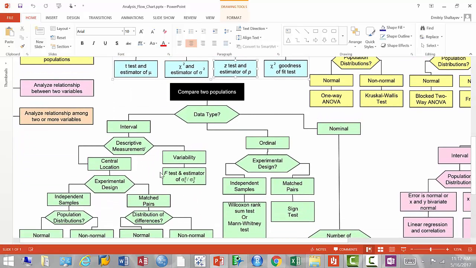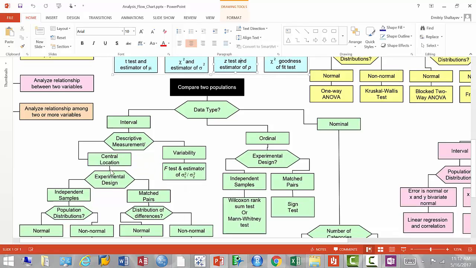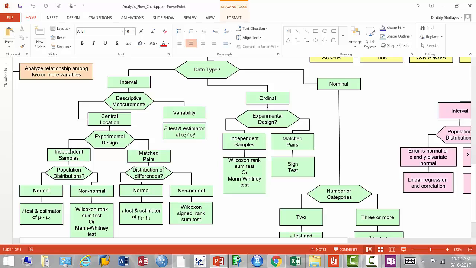We discussed that variability we're going to leave alone, right? Not even get there. So I'm obviously looking at the central location. If I'm talking about independent samples, population distributions. If it's normal, if both samples are normally distributed, then I can use my good old friend t-test to test the hypothesis that I formulate.